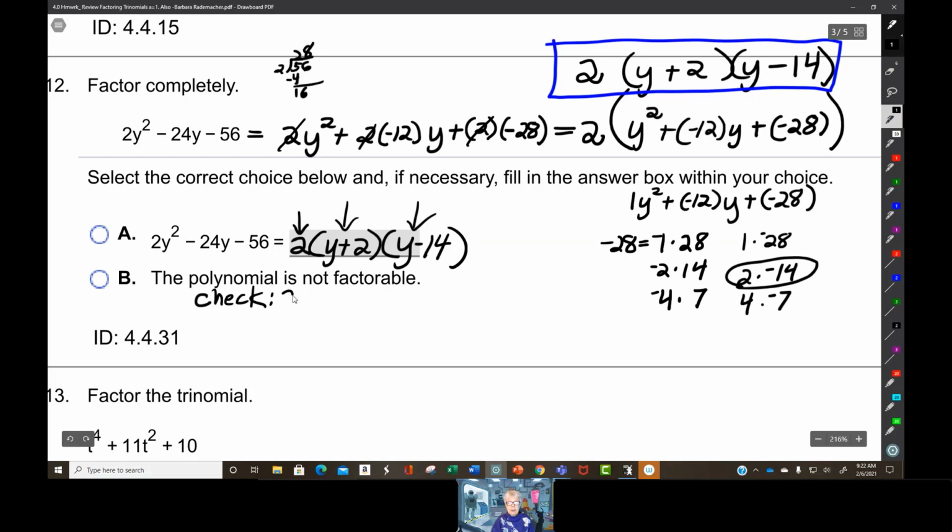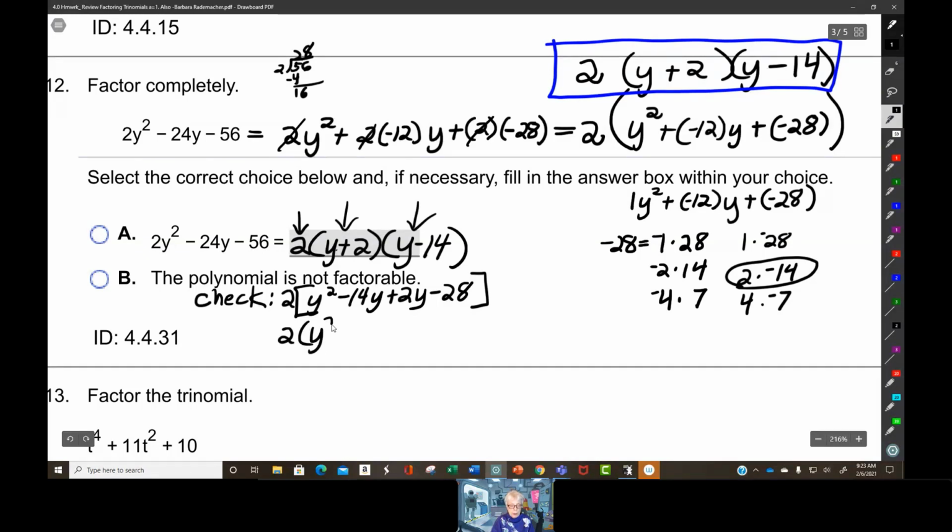I save the 2 until last. That's just the way I do it. Then I go ahead and multiply these together. So I'll get y squared minus 14y plus 2y minus 28. I didn't need brackets, I could have used parentheses.